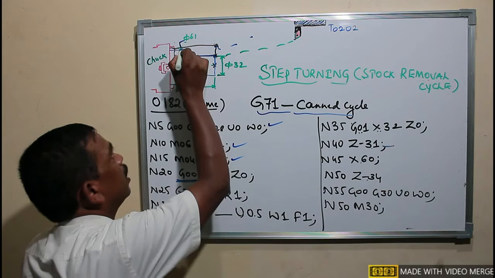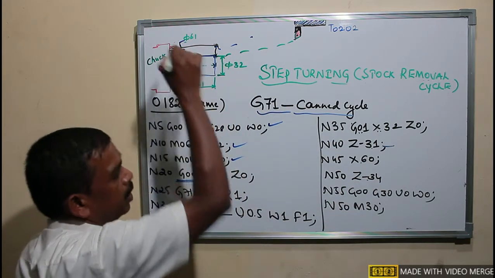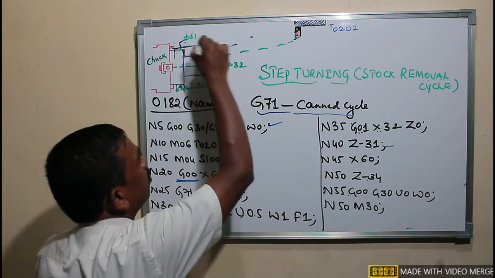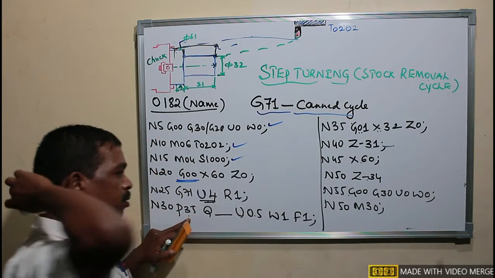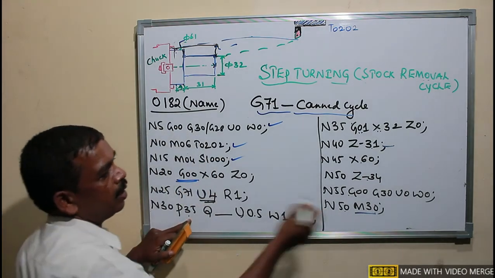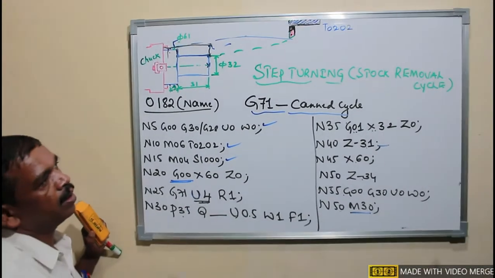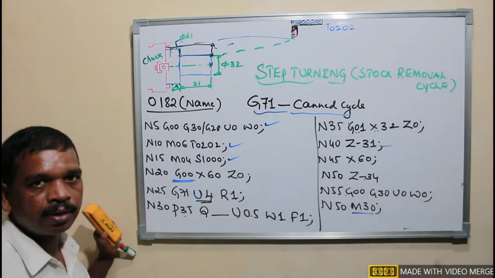Again from here to here the length is considered, then the tool will move to its home position, and M30 is for program end and rewind. So this is the programming procedure for removing the stock.